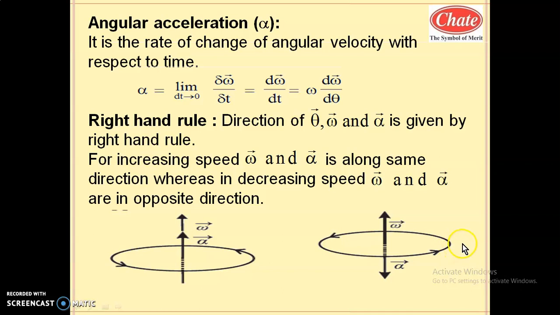As you apply some force or that quantity to retard it in this rotational motion, the corresponding acceleration is also a retarding one, and it will be opposite in direction to the earlier case. In the earlier case it was in the upward direction, now it will be in the downward direction. So here the directions of omega and alpha are opposite, since alpha is retardation, whereas in the other case alpha is acceleration.